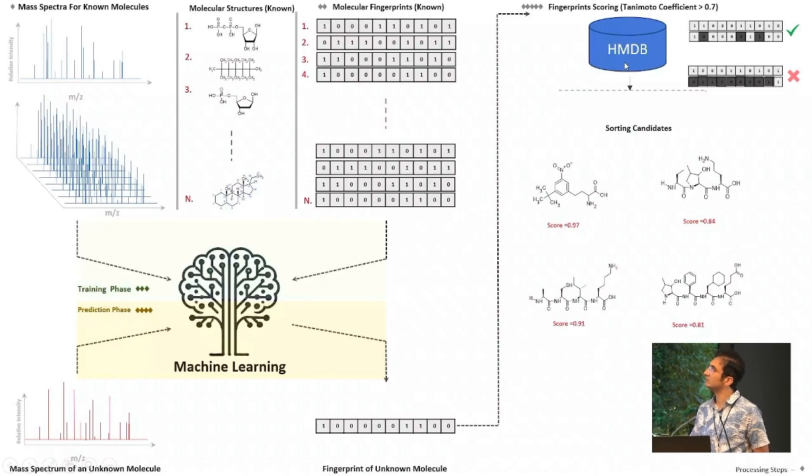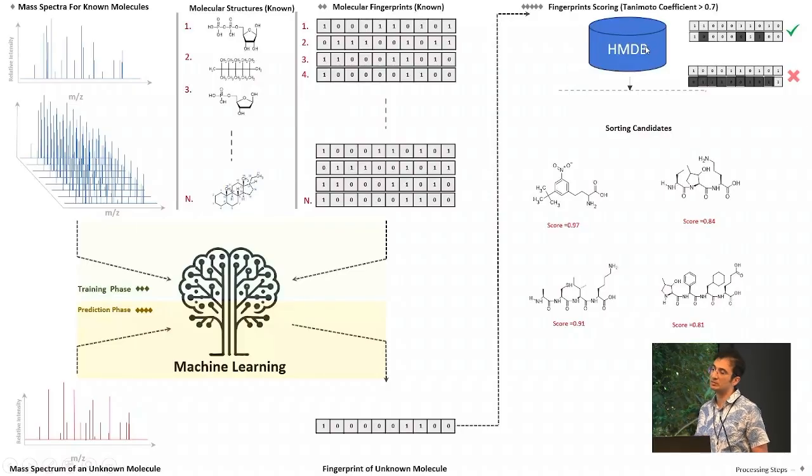We can create the fingerprint of all of the databases that we have, because it is simple and it's only a calculation. So it does not have the disadvantages of MS spectral libraries, which need to be acquired experimentally, but we do not have the experimental limitation here.